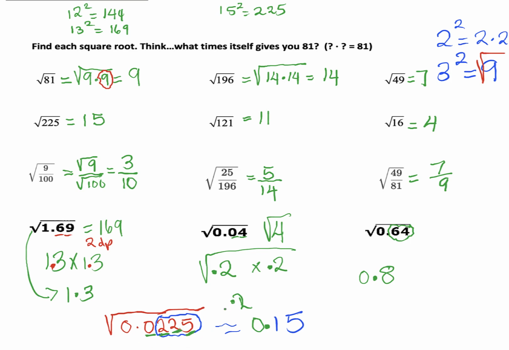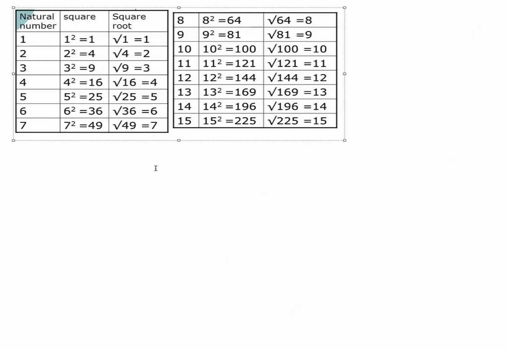When they ask you to compute with square roots, as my lesson started off with, we are looking at the perfect squares. So you have to put to memory your perfect squares and also know your square roots. This will be very helpful and will help in speeding up your computation.